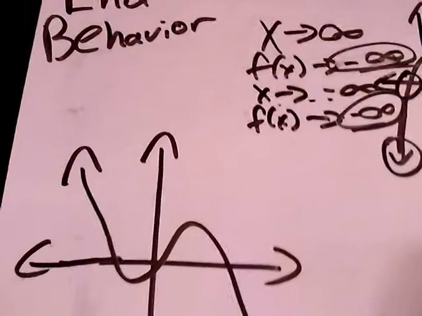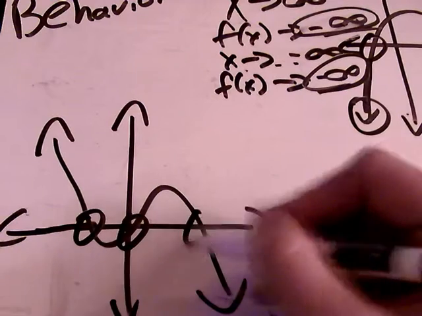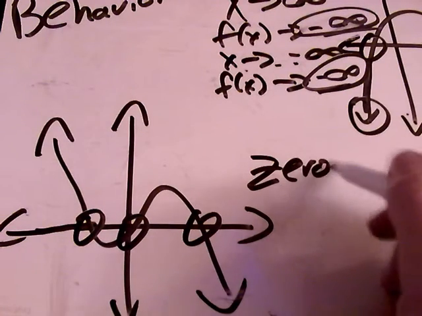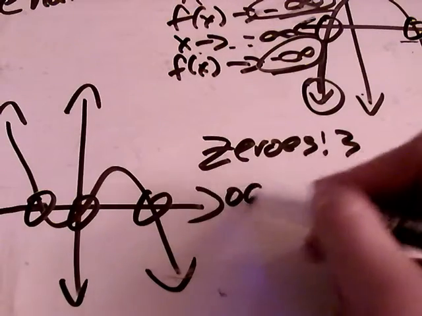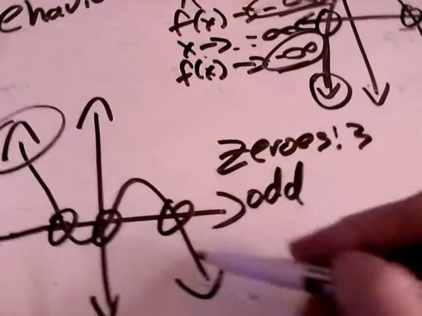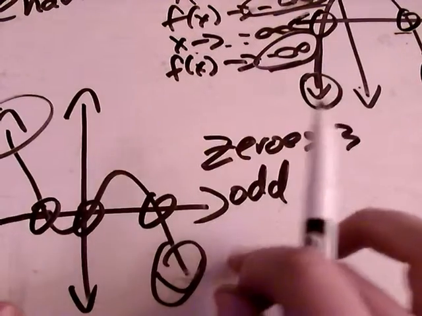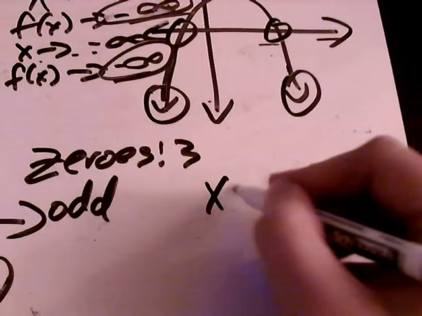So if we're looking here, first we look at the zeros. We have 1, 2, 3 zeros. Now we know it's an odd function because it's pointing in the opposite directions. It does not matter. It can go up here or over here. Different directions.